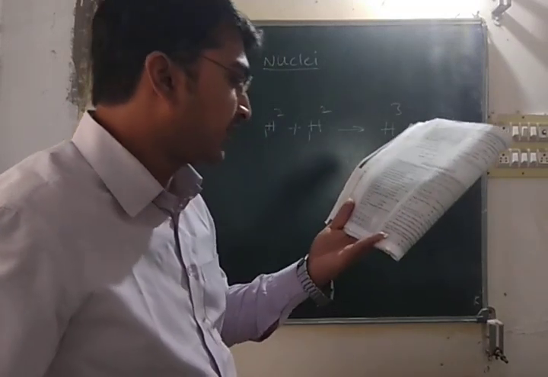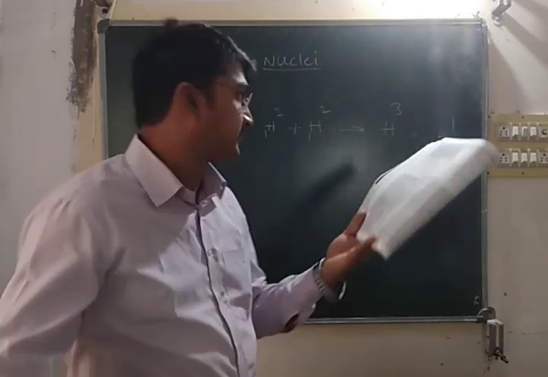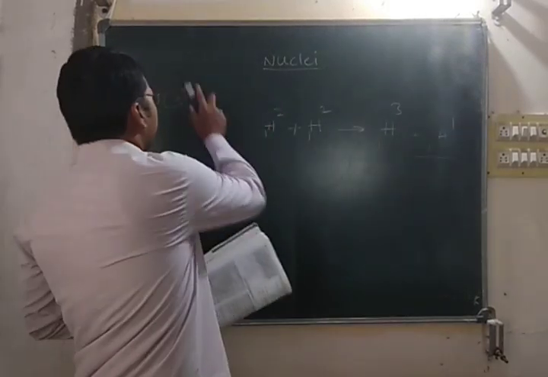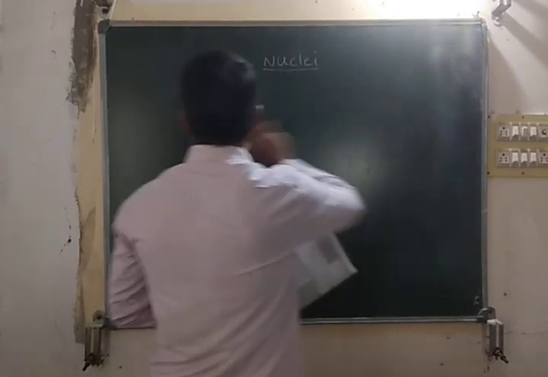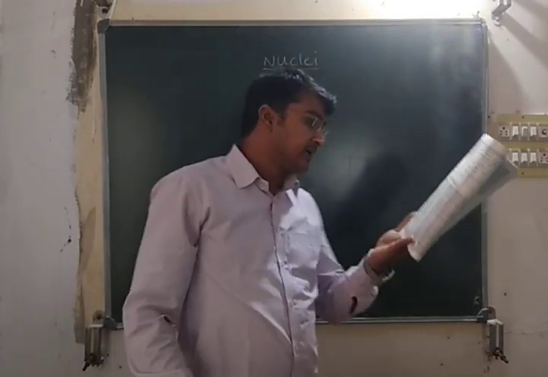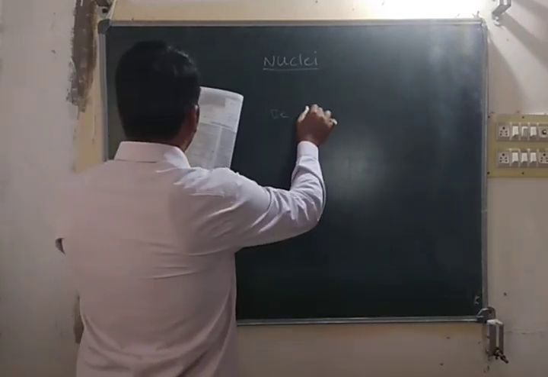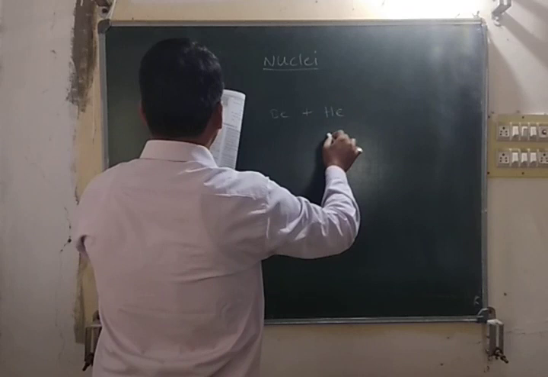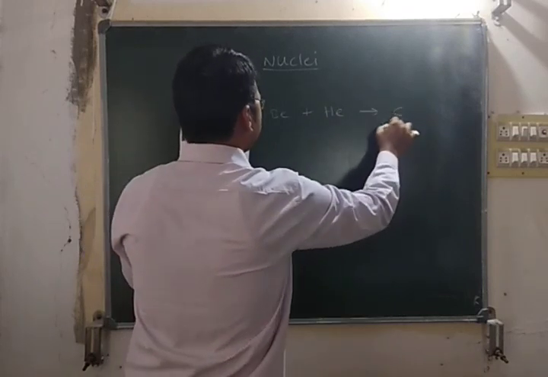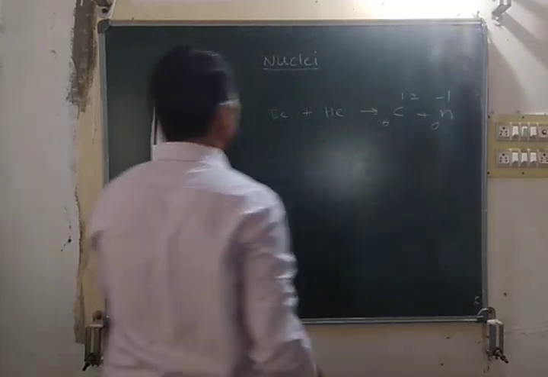Next, which of the following reactions is the source of energy in the sun? Fourth question. Generally we know the carbon, nitrogen, proton cycles. Here they have given beryllium and alpha particle, helium-24. It gives carbon C12 plus a neutron.